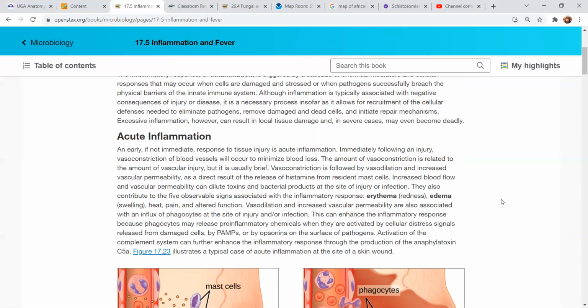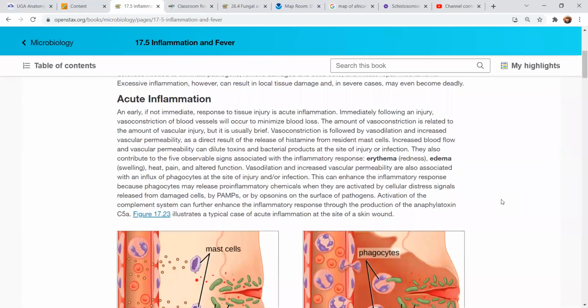So if it's a tiny little capillary, then the vasoconstriction would not last that long. If it's a larger area, then it could last longer. After vasoconstriction, we get vasodilation. This is due to the release of histamine. Basically, what's going to happen is the blood vessels are now going to dilate, and we get increased vascular permeability, which is going to allow those phagocytes to be able to get out of the bloodstream and into the area where they need to be.